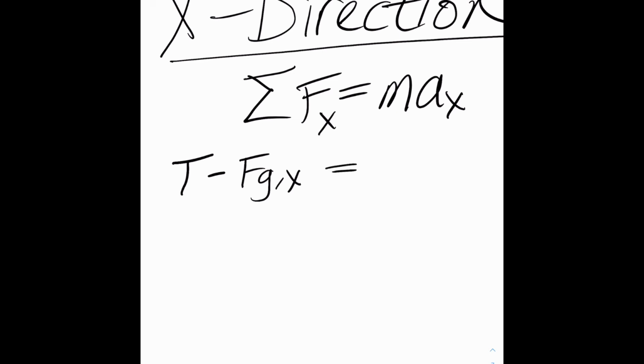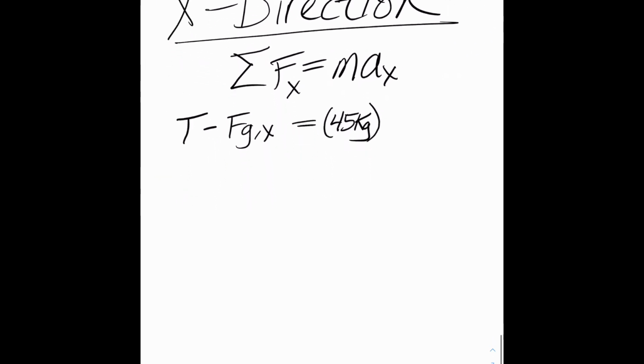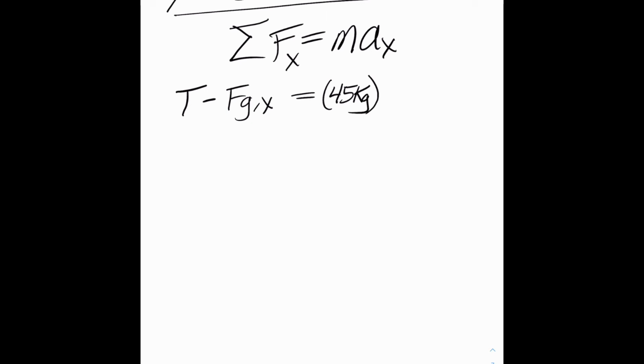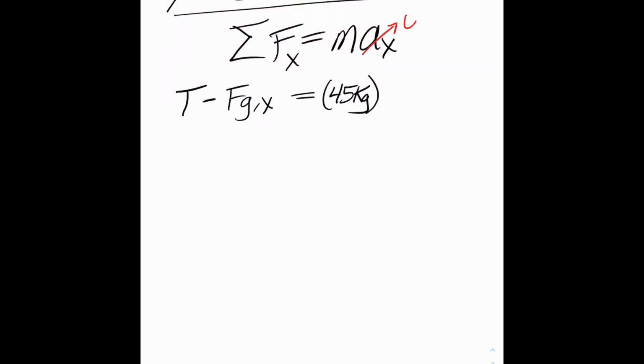The mass of the crate, or whatever this is being pulled, is 45 kilograms. And now they told us that the object is being pulled at a constant velocity. Because they told us that, this is equal to 0, right?